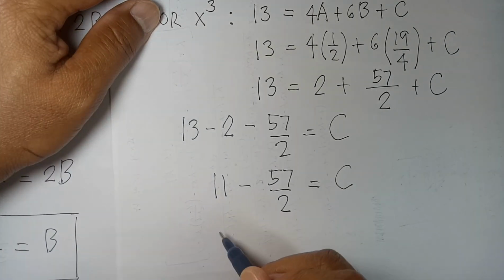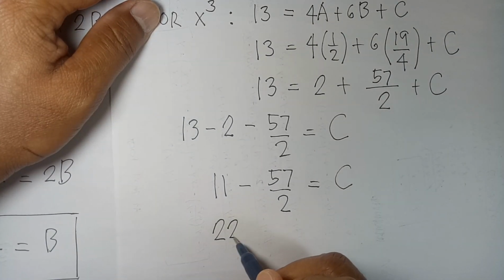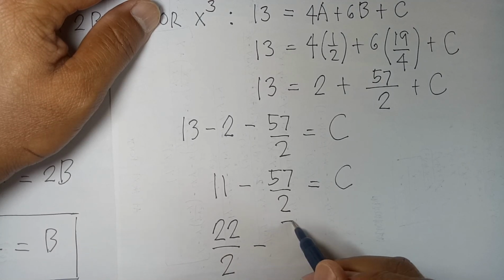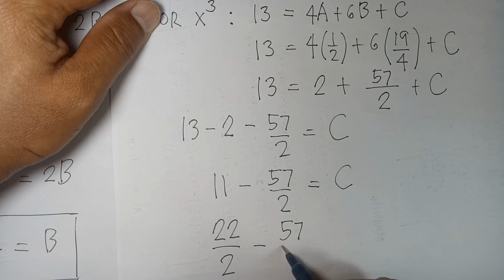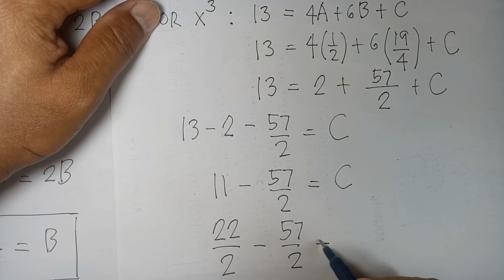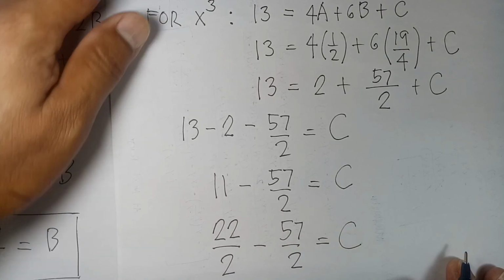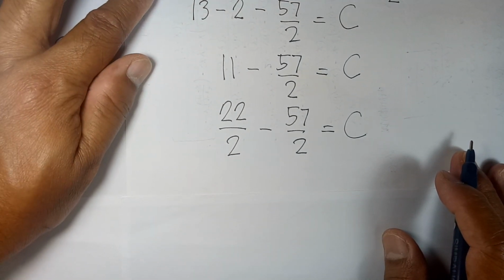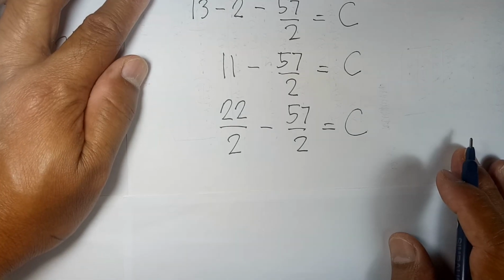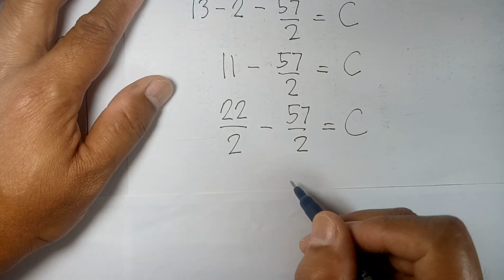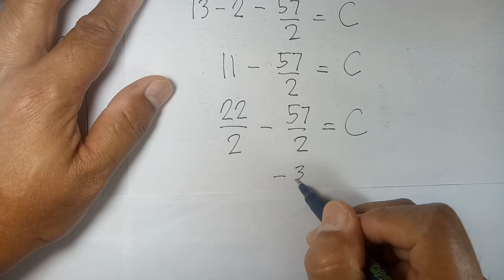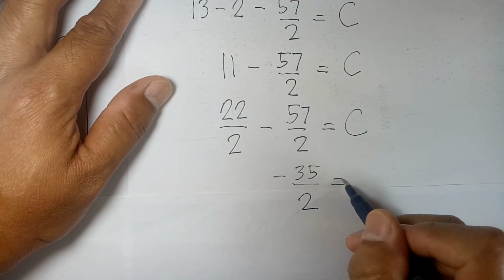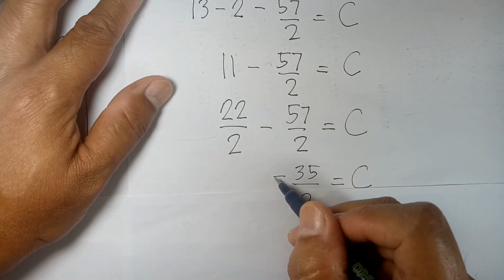And 11 is also equal to 22/2. So minus 57/2 equals c. Okay. So 22/2 minus 57/2 is negative 35/2. So negative 35/2. So this is now the value of c.